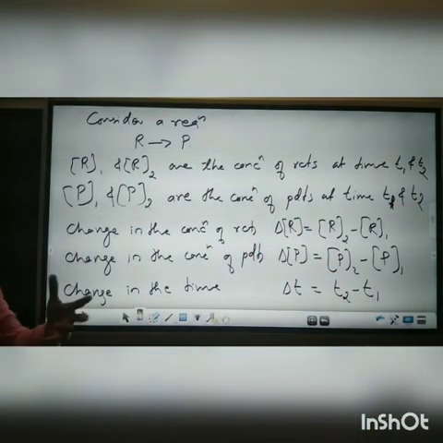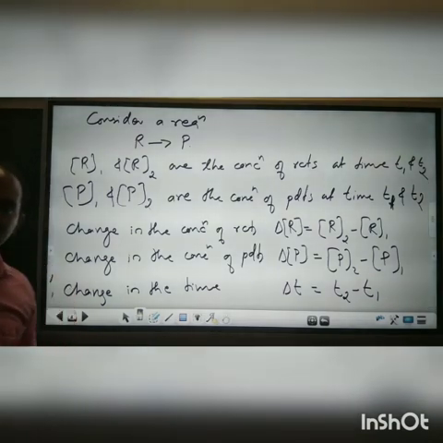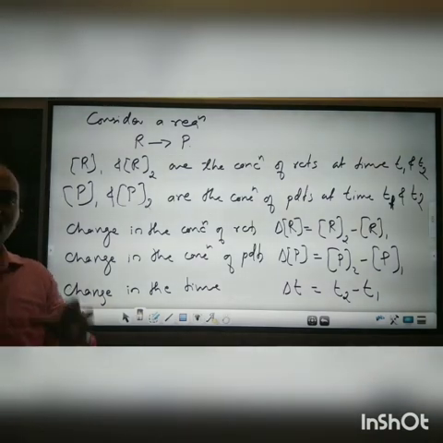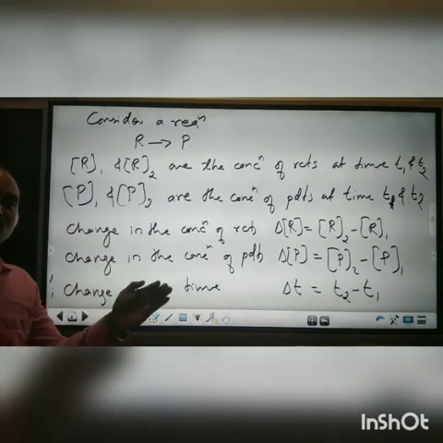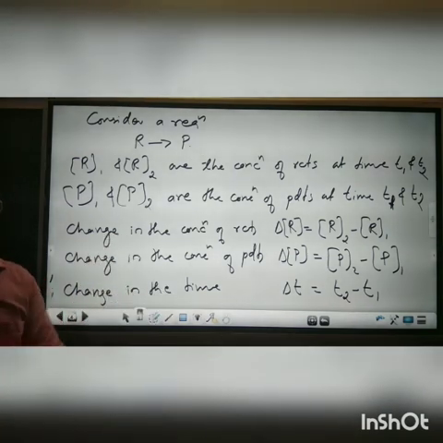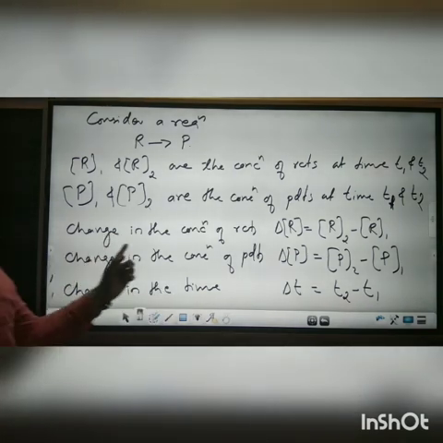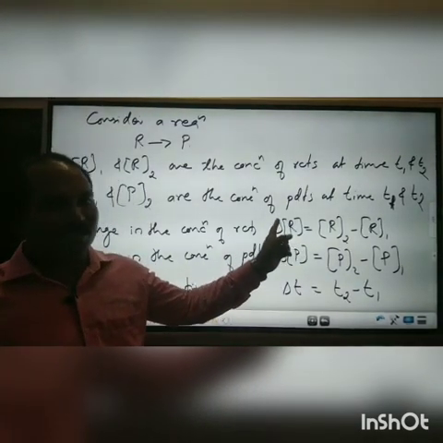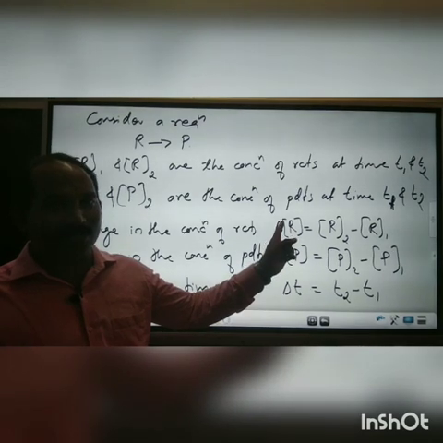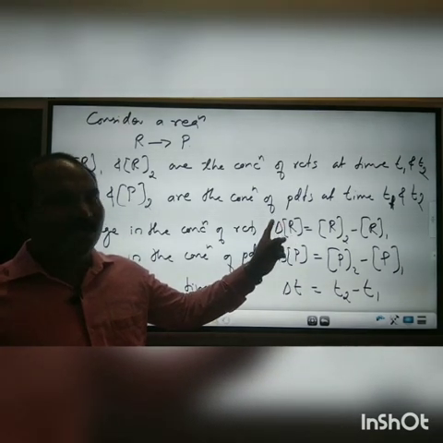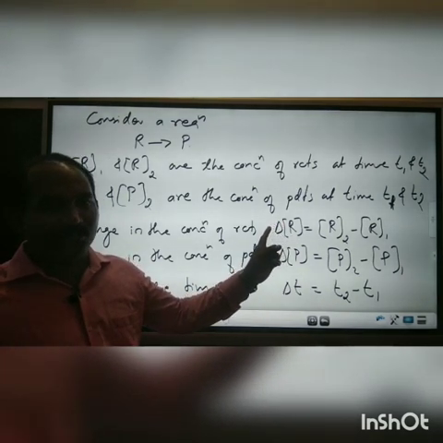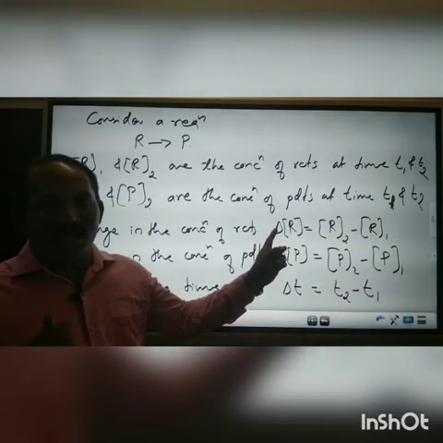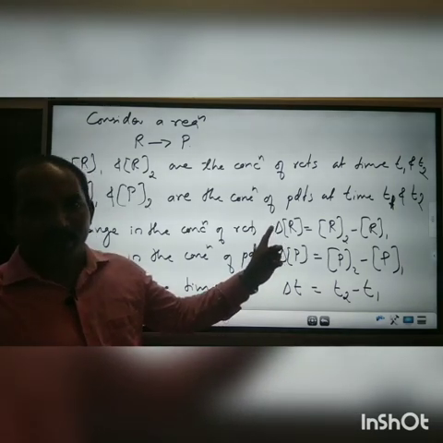So what is the change in the concentration of reactants? A change in the concentration is final concentration minus initial concentration. So change in the concentration of reactants is delta R. In plus 1 we discussed delta U, delta E, delta G, etc. What is delta G? Delta G is G2 minus G1. What is delta H? Delta H is equal to H2 minus H1.